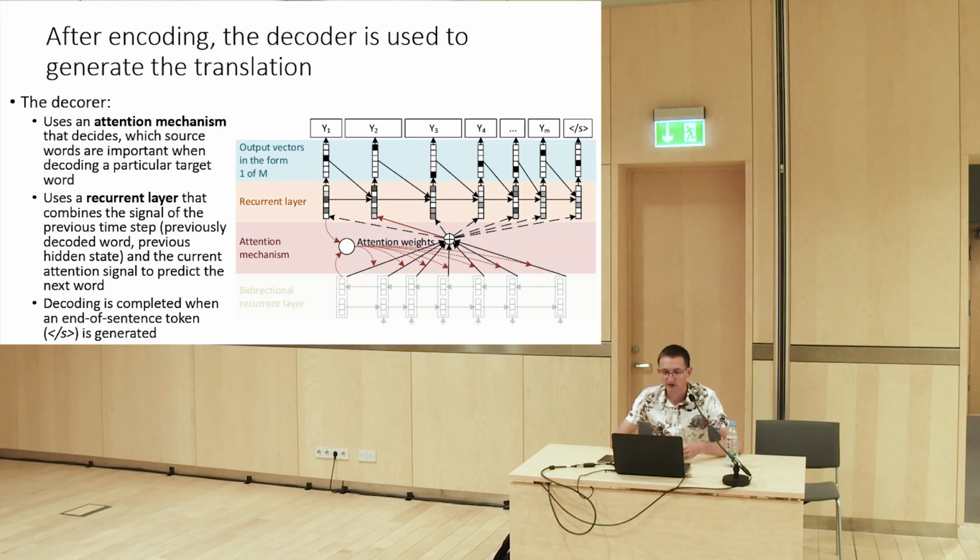The task of the decoder is to take as input the signal from the encoder, and then it has to decide what to produce in each time step. So starting from left to right, which words to produce in the translation. So that's the task of the decoder.